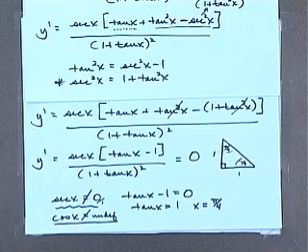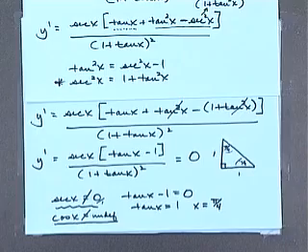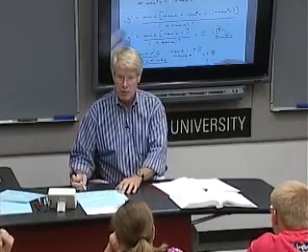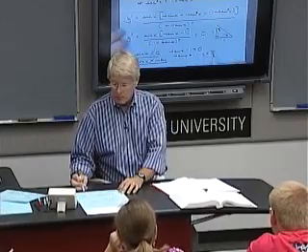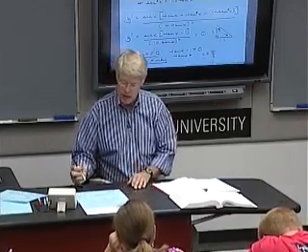You could use your calculator also, that's not a problem. But some of these you ought to have in a memory bank somewhere. That's a pretty common value. The tangent is 1 at pi over 4.